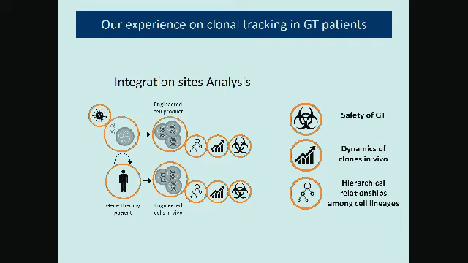The first goal was to address the safety of the gene therapy clinical trials, but more recently we exploited these tools to address more basic biology questions regarding the dynamics of the clones that were infused in vivo in our patients and the hierarchical relationships among the cell lineages.